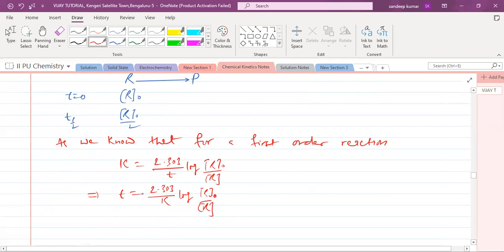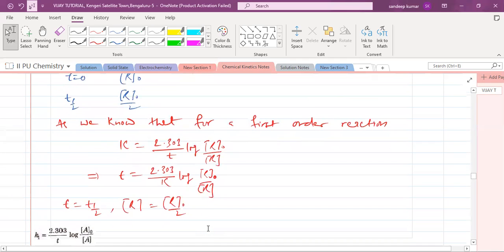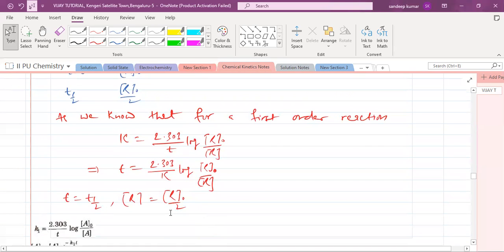Now try to understand. When the time is T half, what is the final concentration? Final concentration is R naught by 2. Now substitute this value in the above equation.